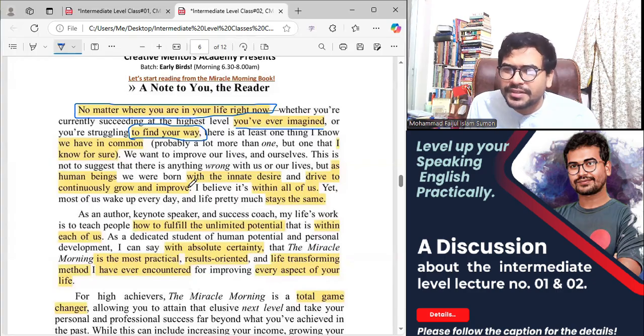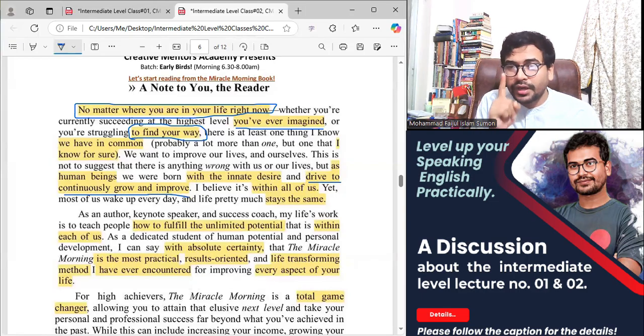So everyone has their own innate desire to develop themselves or to be successful in their life. So everyone has their innate desire and continuous drive to continuously grow and improve.